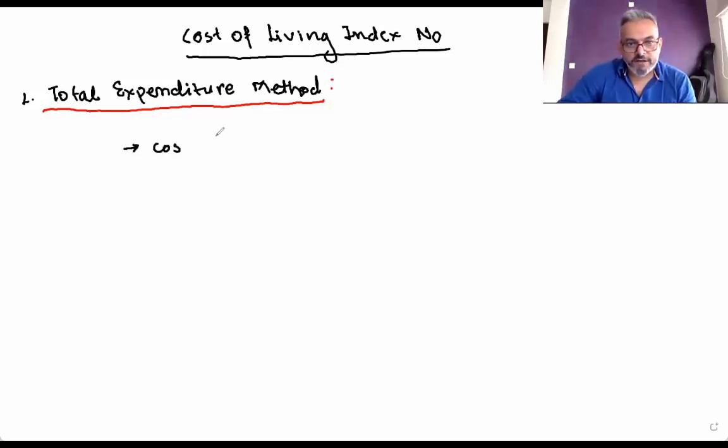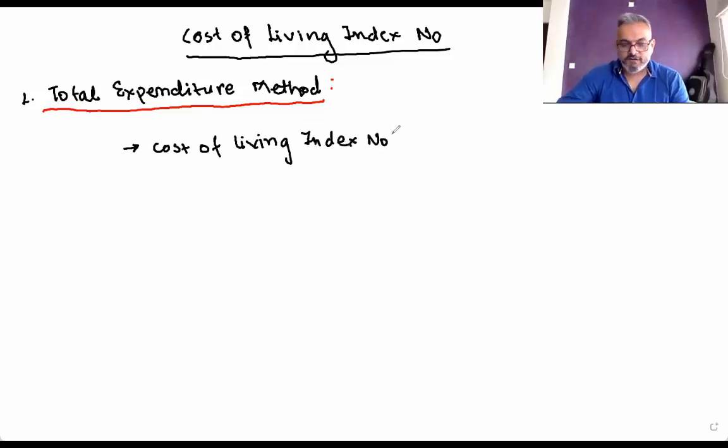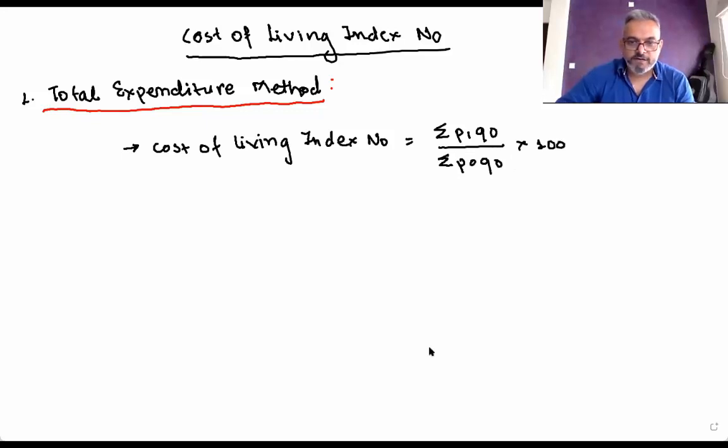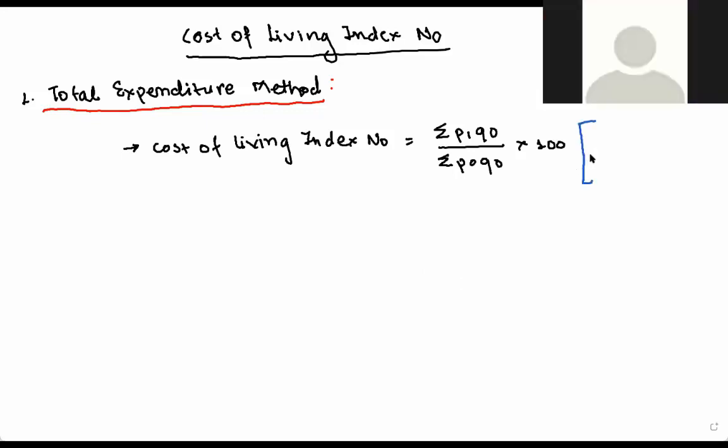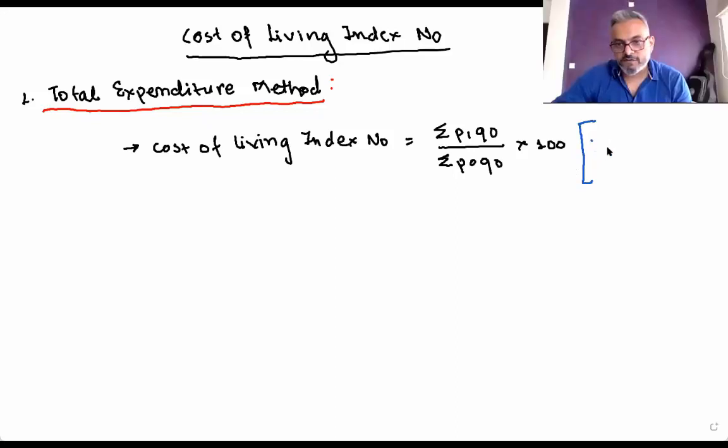Cost of living index number using total expenditure method is equal to sigma P1Q0 upon sigma P0Q0 into 100. Can you tell me which formula is this? Which statistician gave this formula? Laspeyres. Last year. So this is Laspeyres.